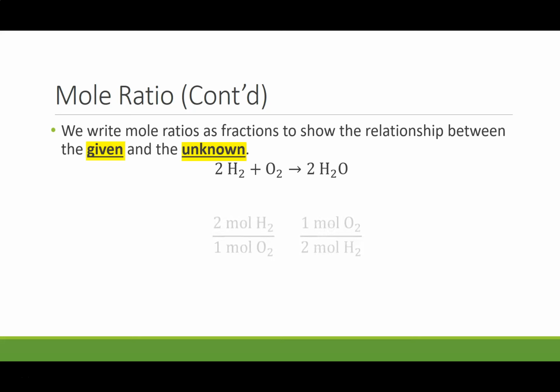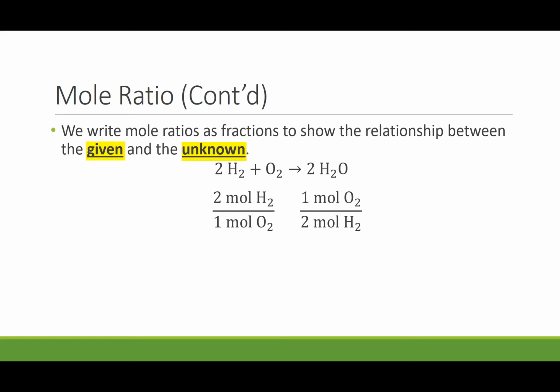So first, we have 2 moles of H2 for every 1 mole of O2. So we can write it as 2 moles H2 over 1 mole O2, or 1 mole O2 over 2 moles H2.